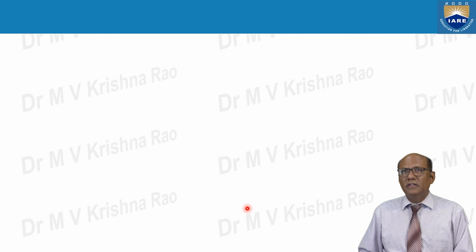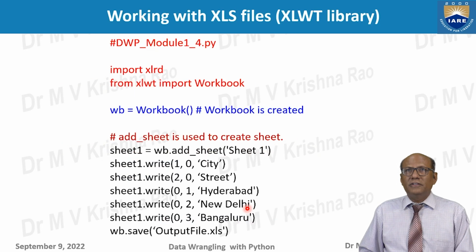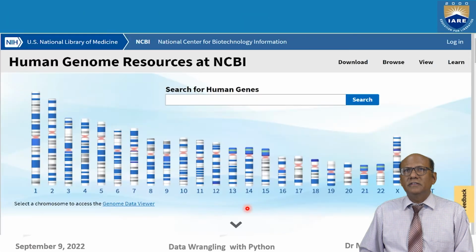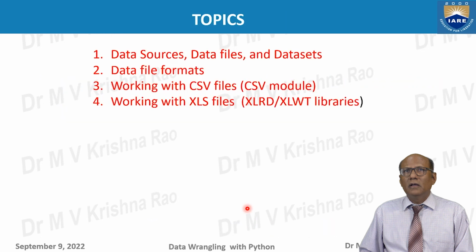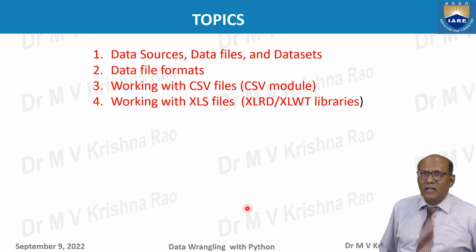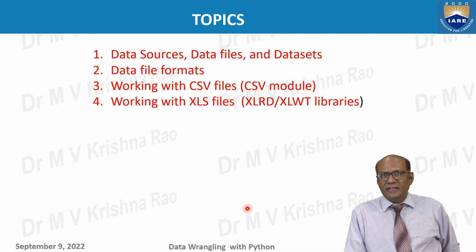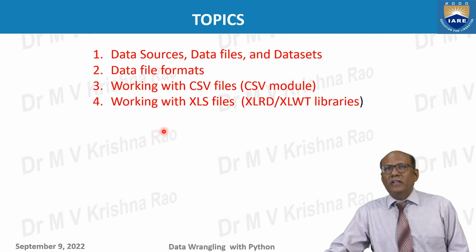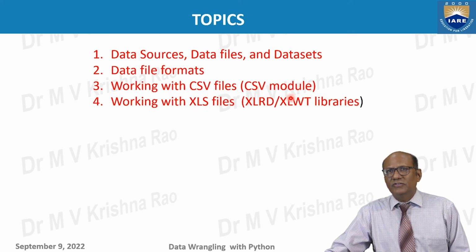With this, I have completed my lecture 2. What have I done here? I have introduced data sources, data files, data sets and data file formats, and working with CSV files and XLS files using these libraries.